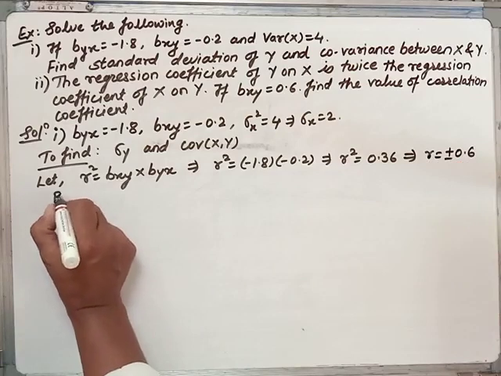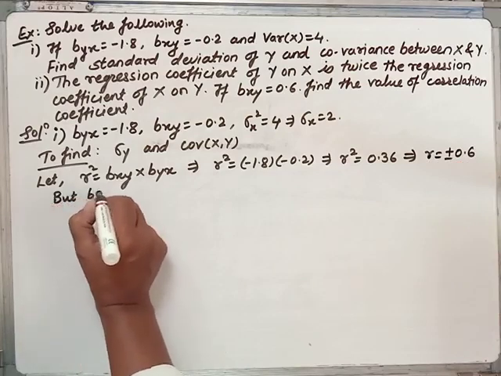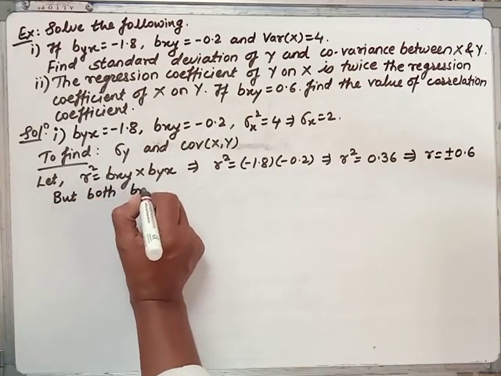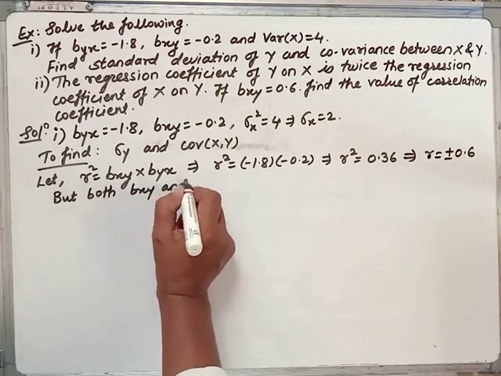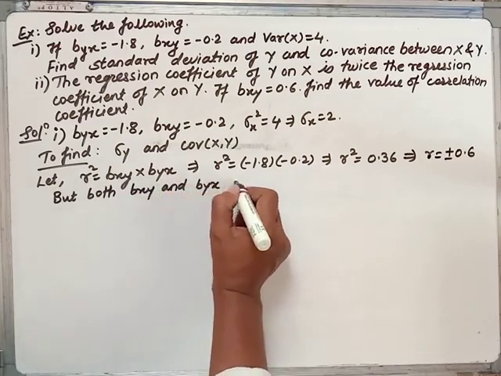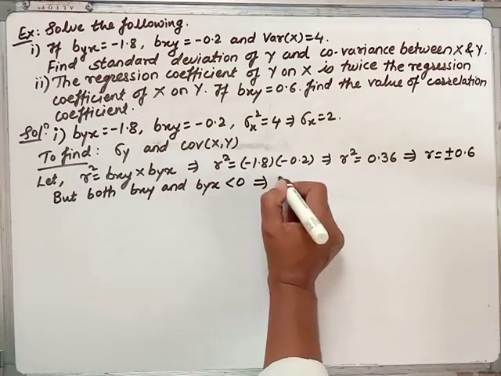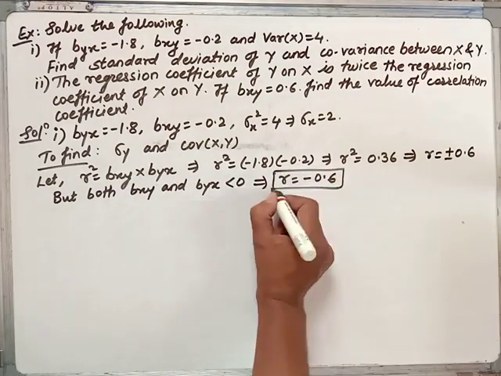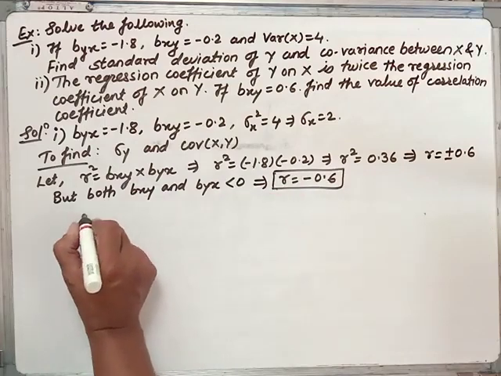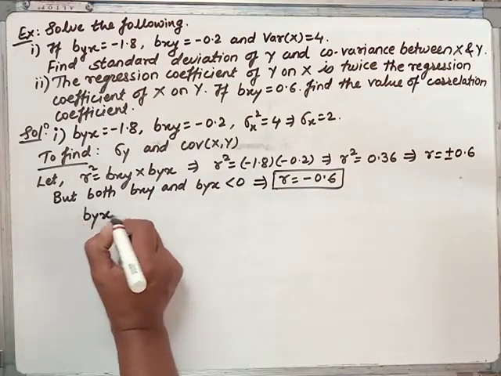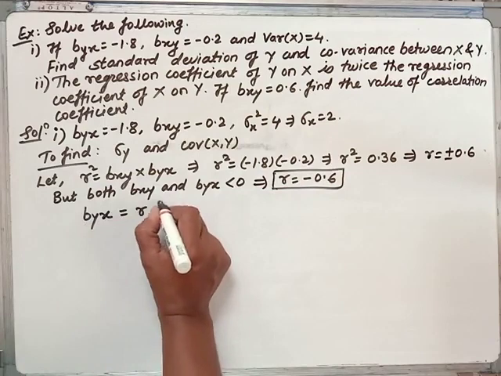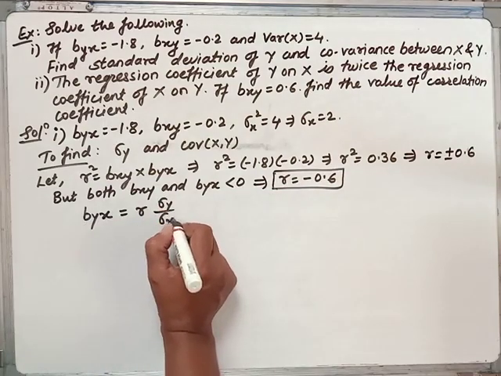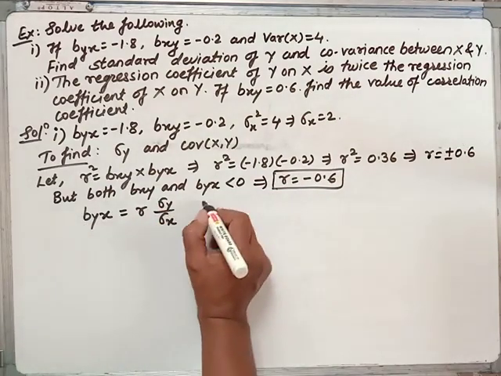But both bxy and byx are negative, so that implies r is minus 0.6. Okay, now byx is r into sigma y by sigma x, anyone you can use.